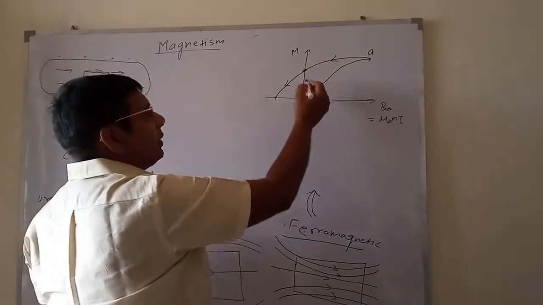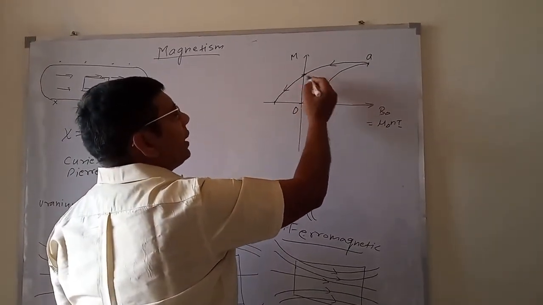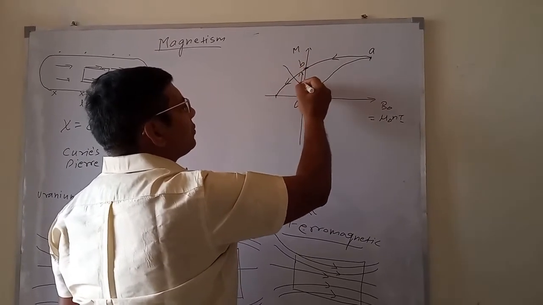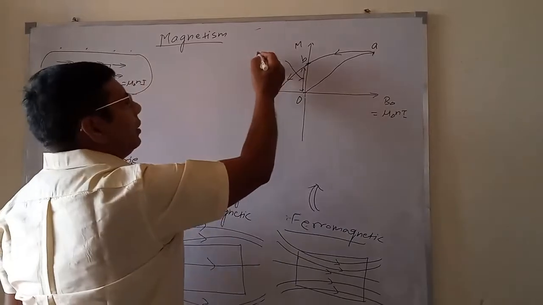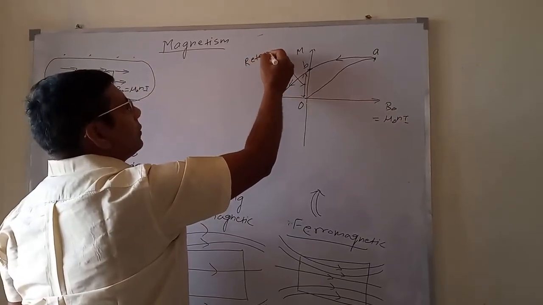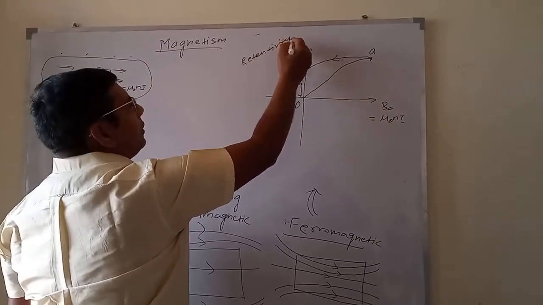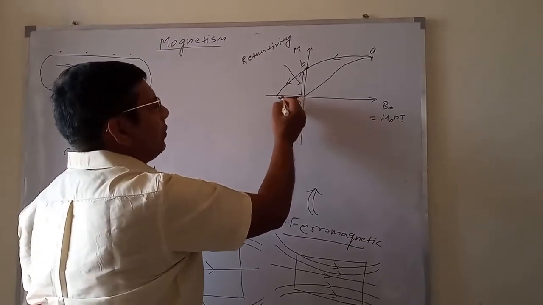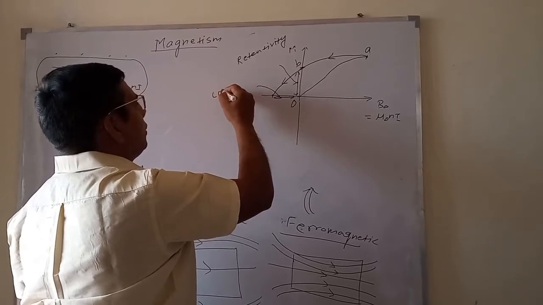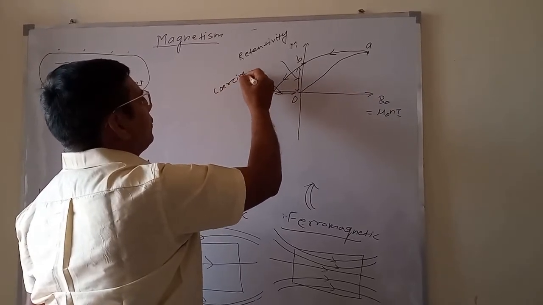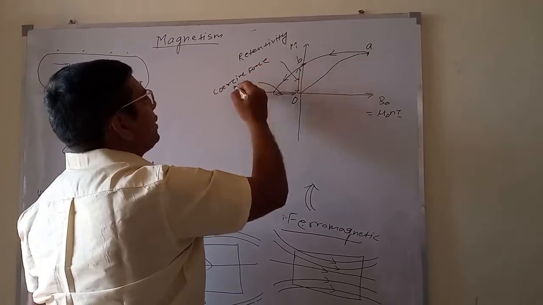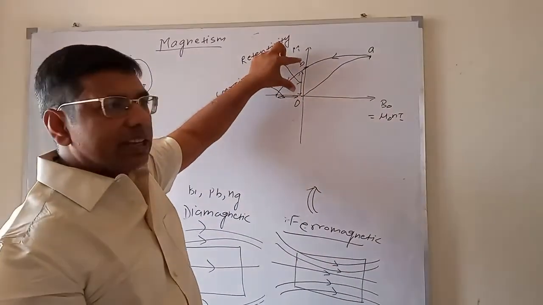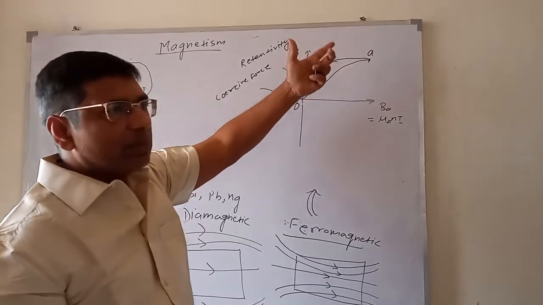This is OAB. We will call this one retentivity, and this one coercive force. Why is it called retentivity? Because it is retaining the magnetism, something like inertia.